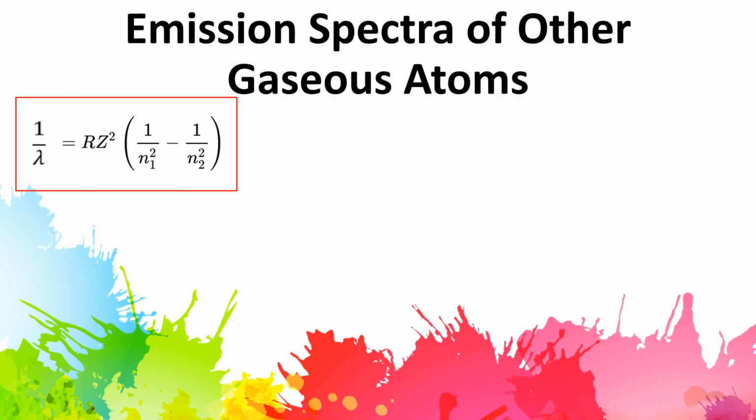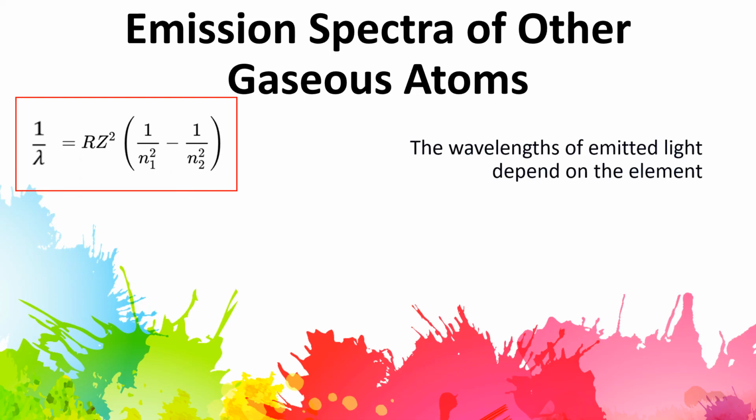This Rydberg formula is used not only to calculate the emitted electromagnetic radiation in hydrogen atoms, but it can also be used for other atoms. Other gaseous atoms can also absorb different kinds of radiation. However, the wavelength of emitted light depends on the element, and this Z value, the atomic number, changes in different atoms.